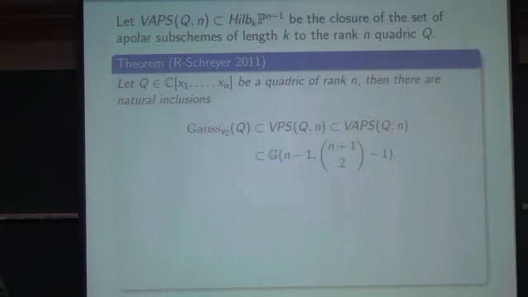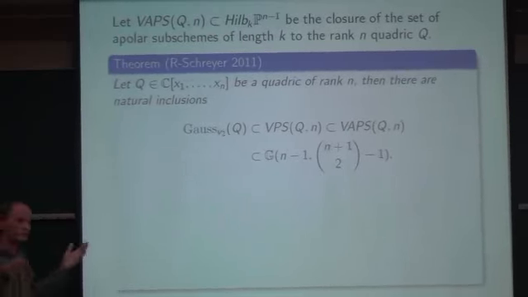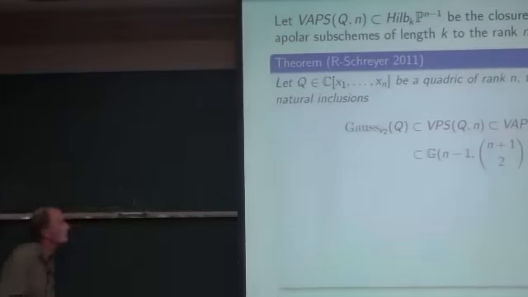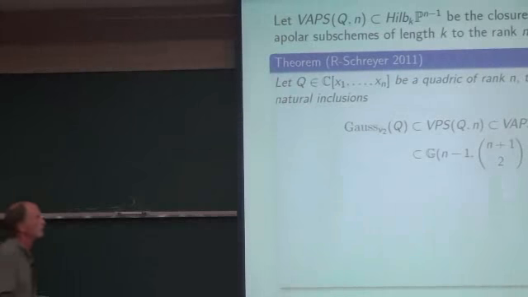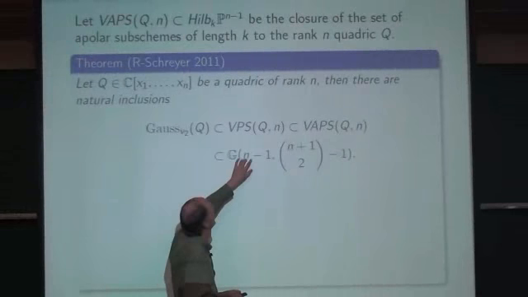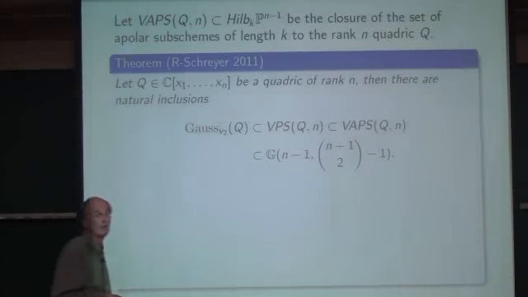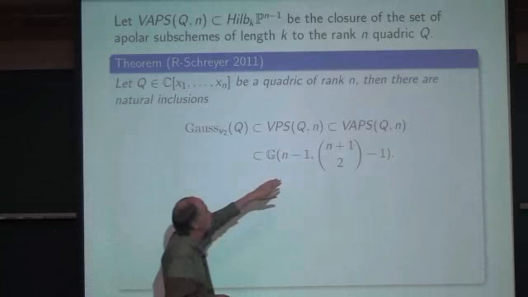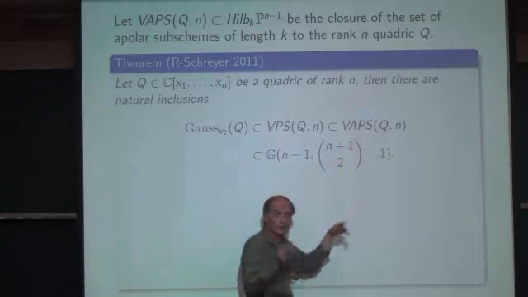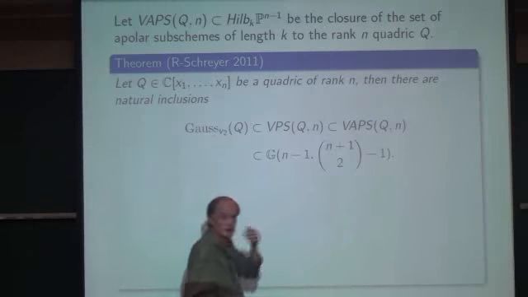So now I'll just briefly say the results on the quadrics in general. So we saw the quadrics, the first example, but now for higher rank, you have a very similar picture. You have a Grassmannian embedding of this variety of polar simplices. If you extend this to all apolar subschemes, also thick points in general, there is an inclusion, and this is also included in this Grassmannian.